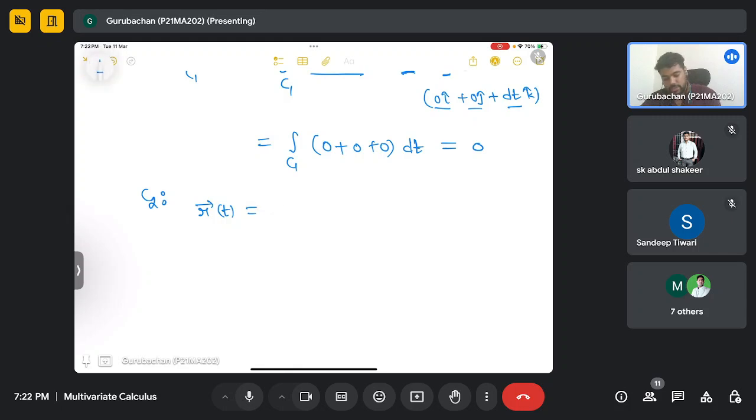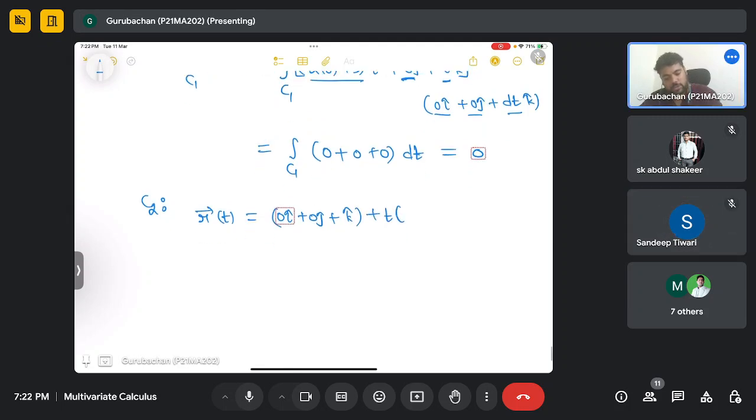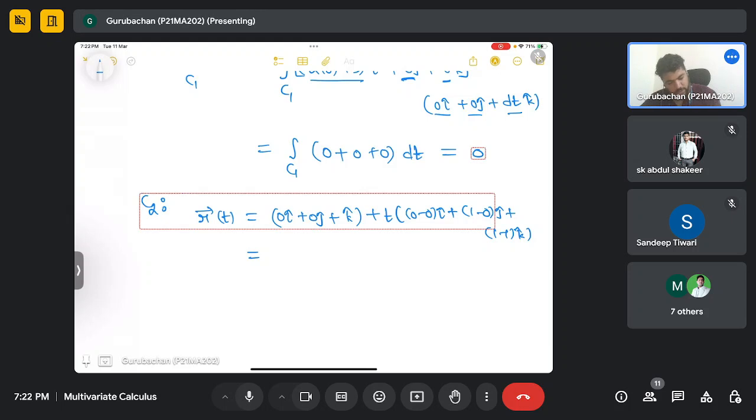So I have some other question to give you. Okay. So yeah, you were saying something, Sandeep. So this will be 0 i cap, t j cap, okay, 0 j cap and k cap plus t times of 0 minus 0 i cap plus 1 minus 0 j cap plus 1 minus 1 k cap, right? So this will give you t times j cap plus k cap, right?